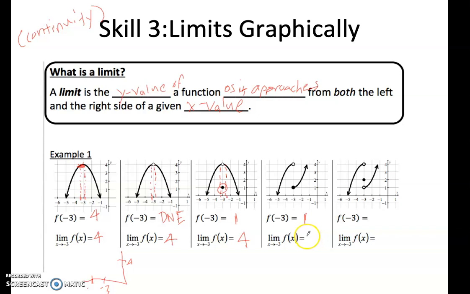And then for the limit as x approaches -3, on this side it's like 4 for the y value, but on that side it's 1. So the limit is actually D and E because the left and the right do not match.